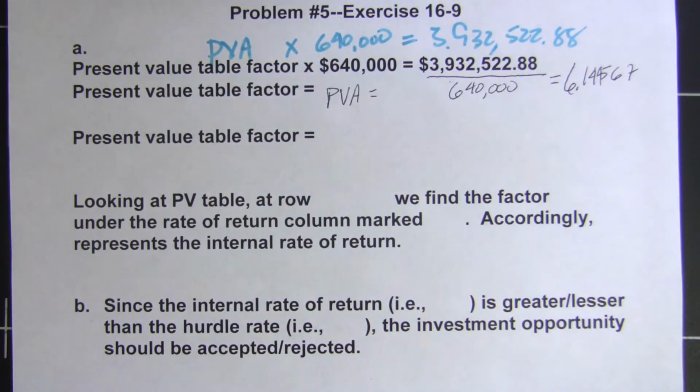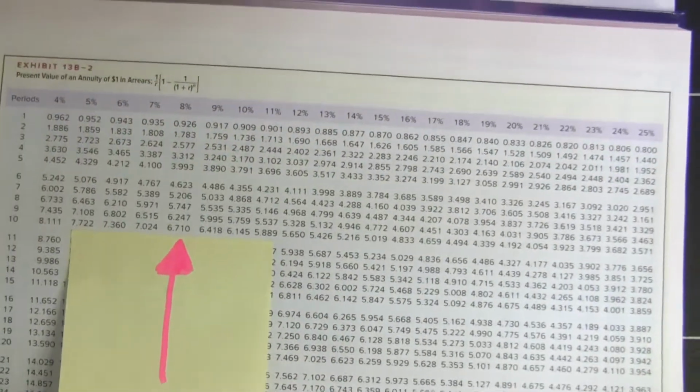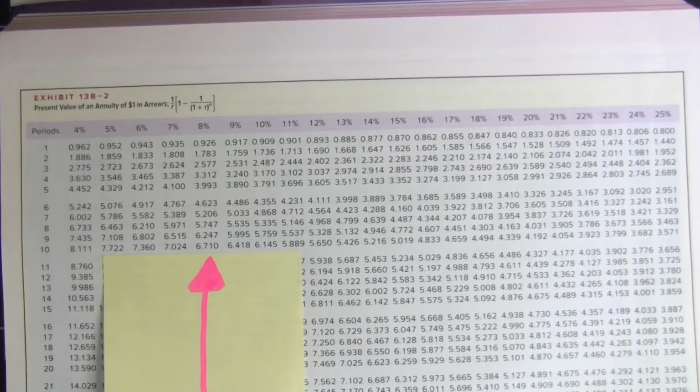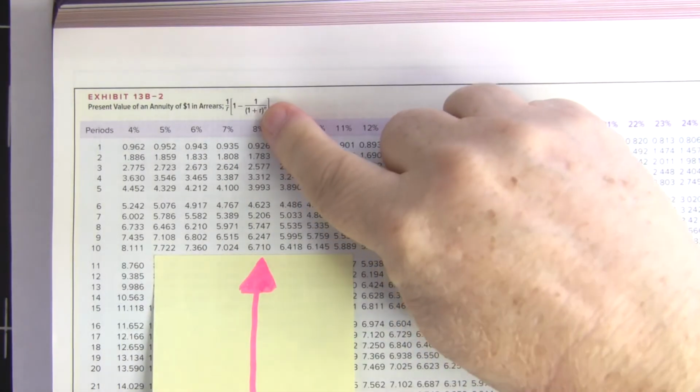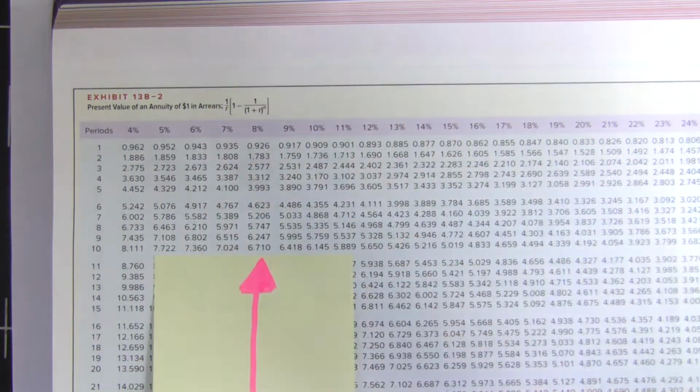Now, if there's anything scary about this, you have to go look at the table. Dr. Google will have this. It's in your textbook. It's a present value of an annuity table. It tells you right there, in arrears, don't worry about it.